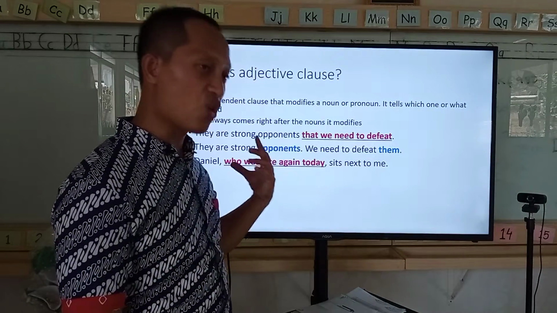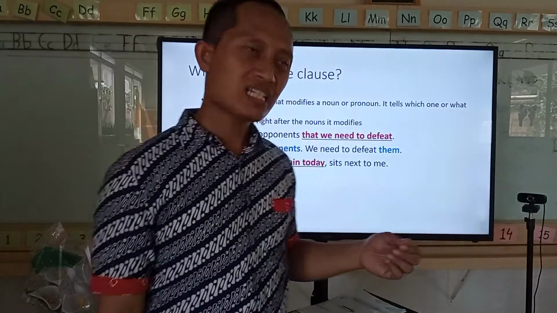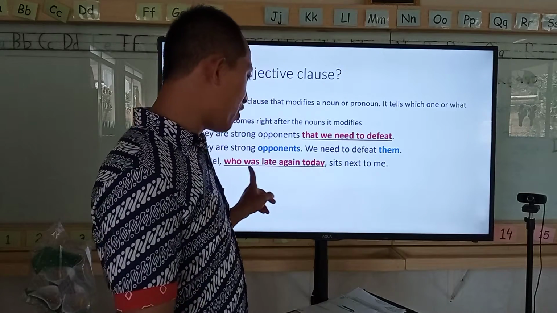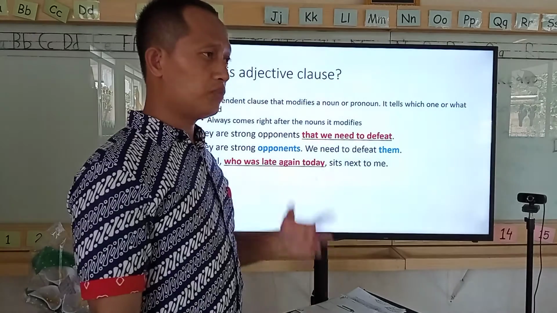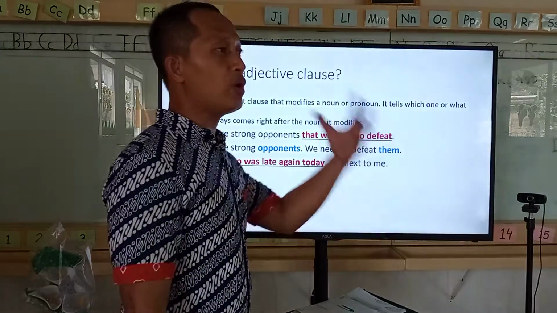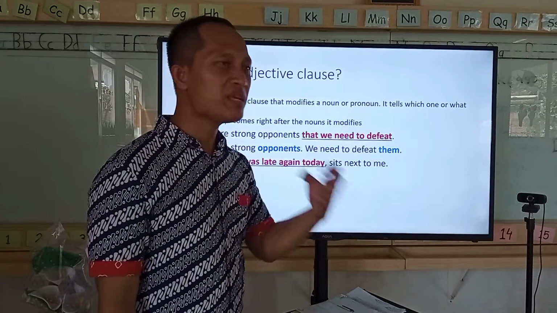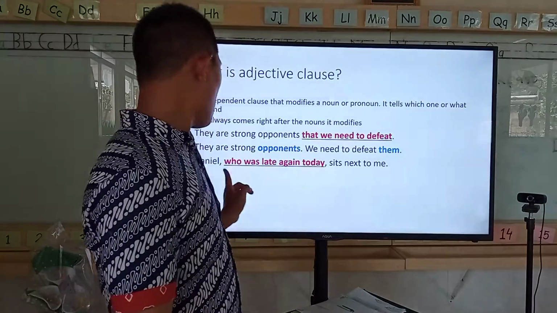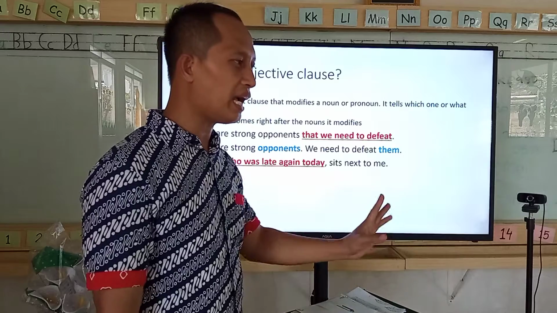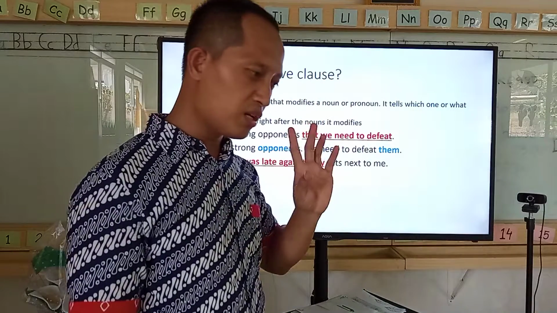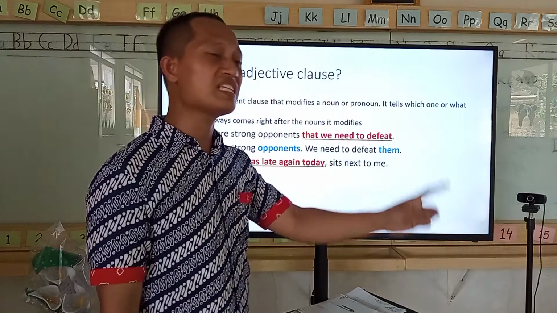Well, this is a non-defining adjective clause. Non-defining because it is okay without this clause actually. Nothing wrong. We would not have any misconception about which Daniel, because there is only one Daniel here. No other Daniel. No second Daniel, no third Daniel. It's only one.